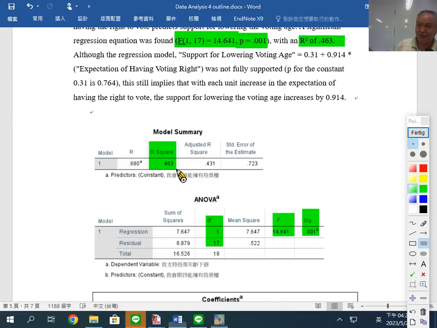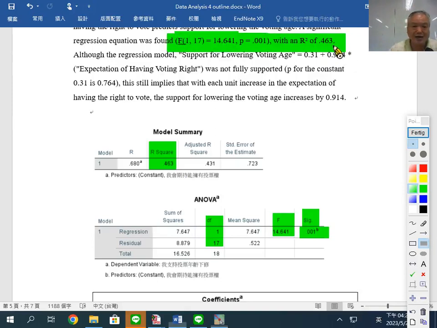The variance refers to the estimated value for Y. 46.3% of the value for Y can be predicted by X. That is the idea, okay? And the relationship is significant because it shows here. So this is evidence, right?